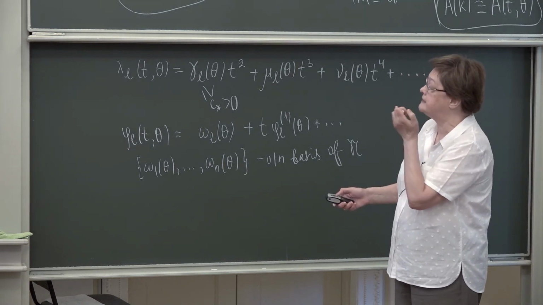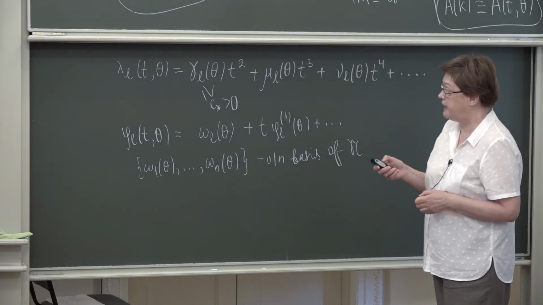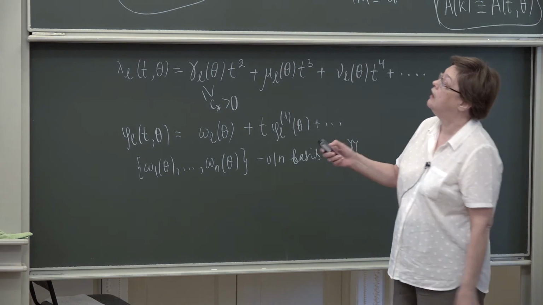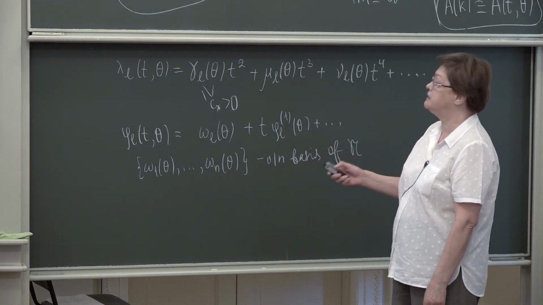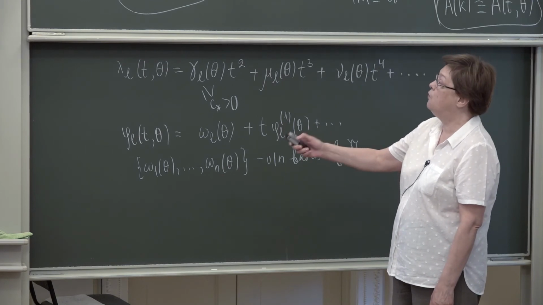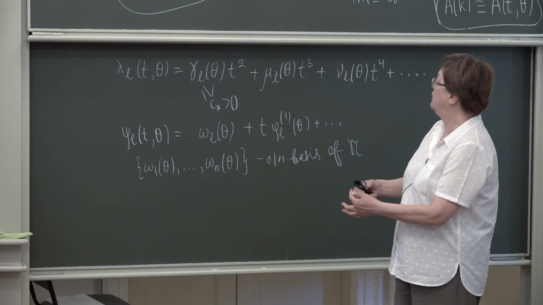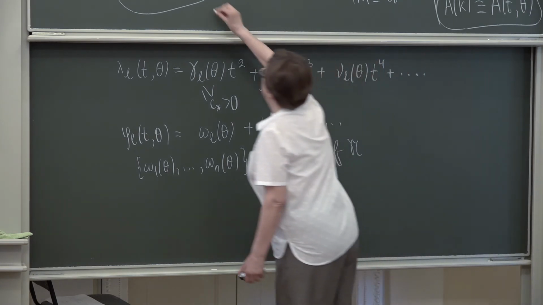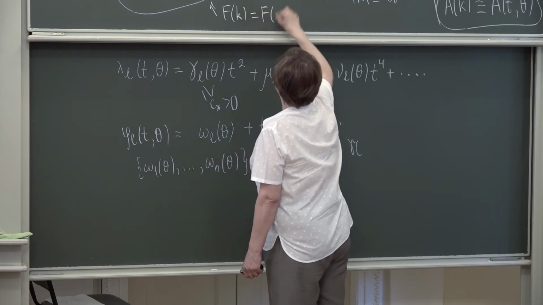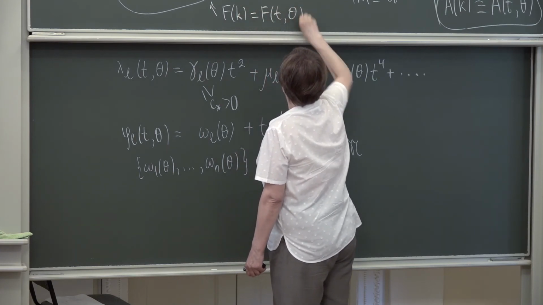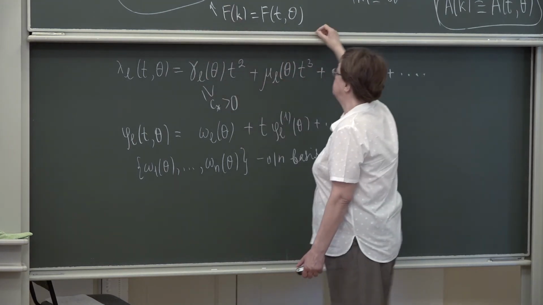Okay, next. Besides such power series expansions, we also need the so-called threshold approximations for the spectral projection F of k, or F of t and theta, which is the spectral projection of our operator family corresponding to this part of the spectrum.